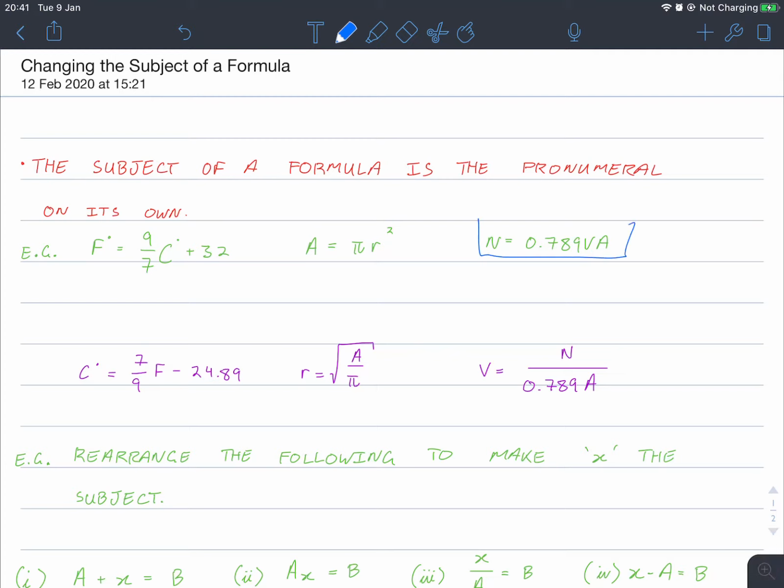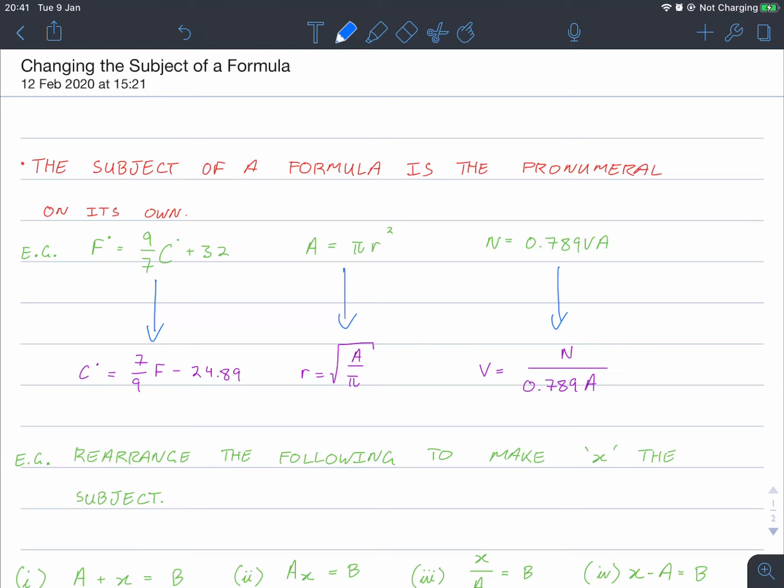And lastly, here we have another formula where N is the subject and V and A are what's known as variables. And I've shown here in purple how these formulas where the subject can change.